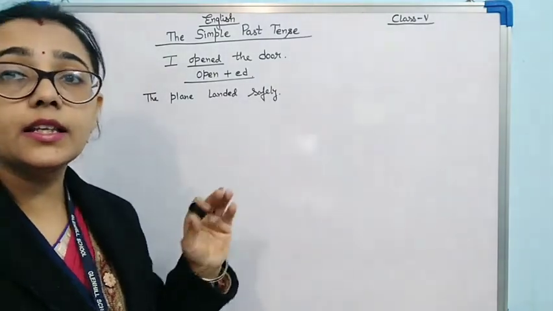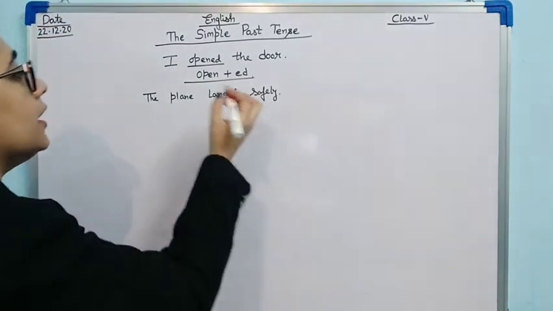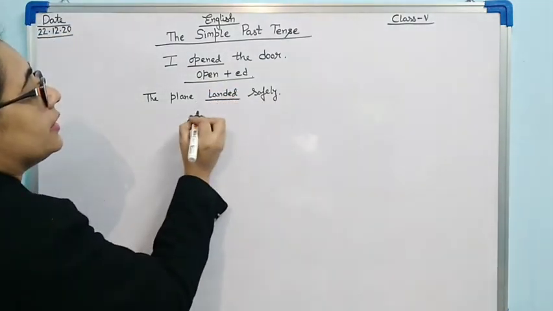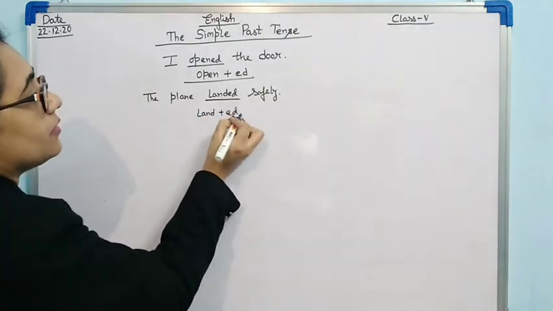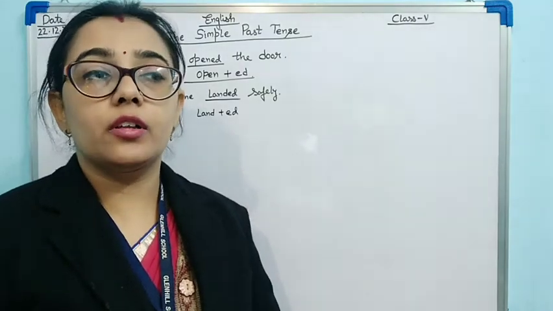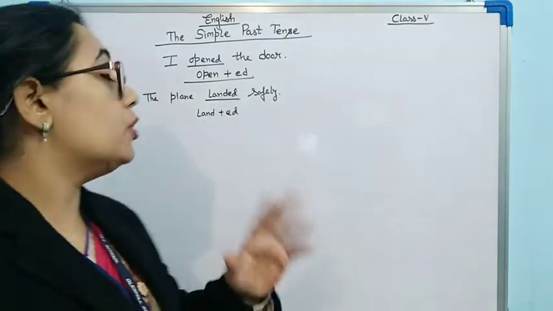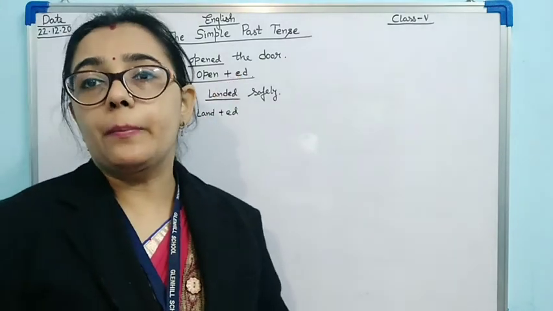The sentence is telling the action has already taken place. What was the action? The landing of the plane. Land plus ed. So it will not be wrong if I say that in most verbs, we just add ed to make it simple past tense.